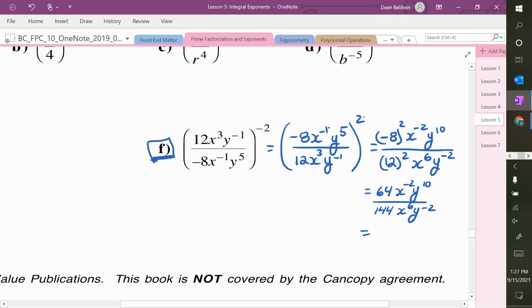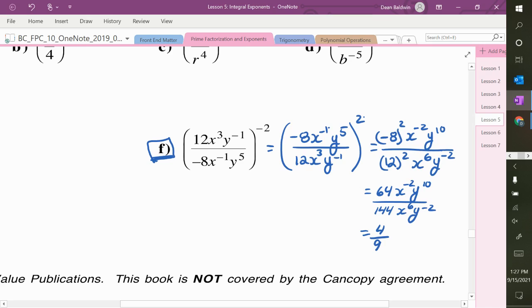Now, 64 over 144. Can anybody reduce that? Do you want me to just tell you what the answer is? It's 4 over 9. Just find a number that goes into both and divide it and keep doing that until you can't divide it by a common number anymore. That's reducing it.